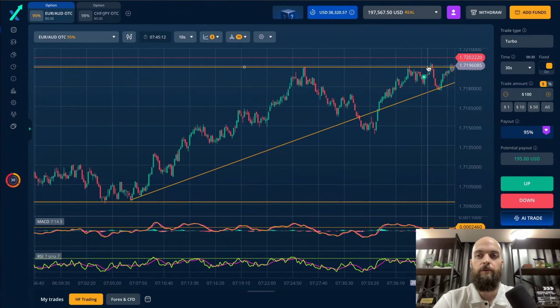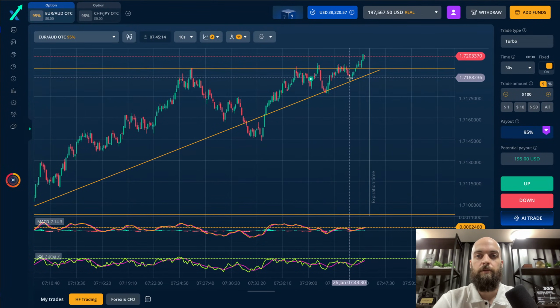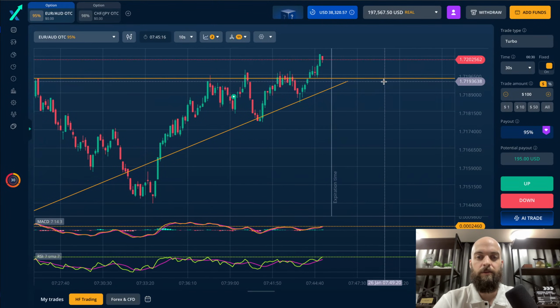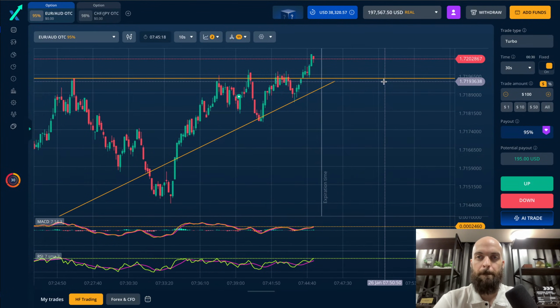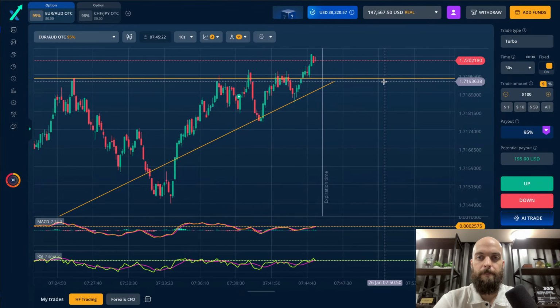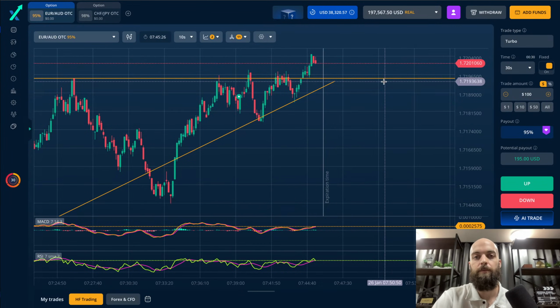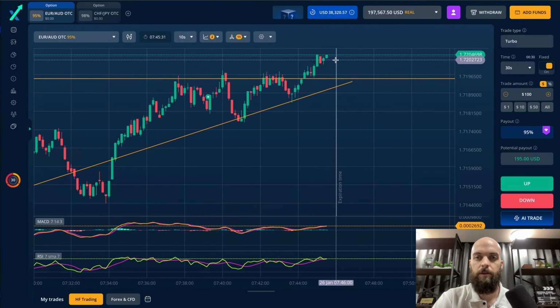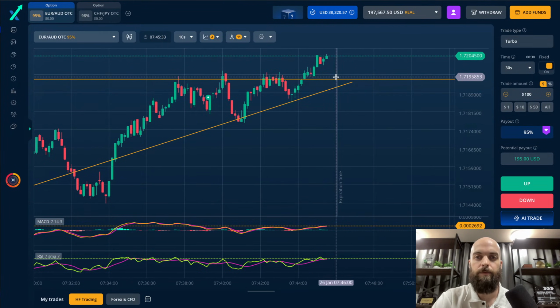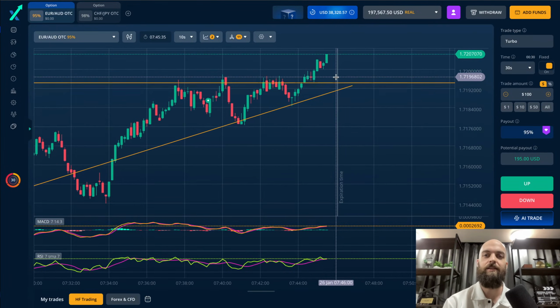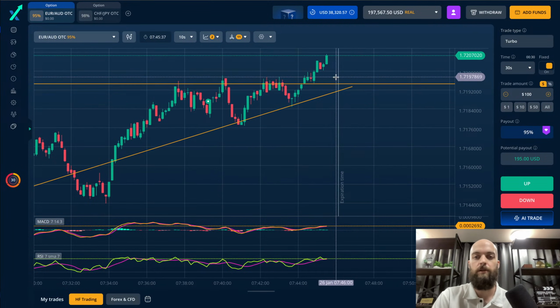Came up to our level. Price is fighting, you know, bulls and bears fighting. Let's let price come back down to our level and then try to get a bounce.